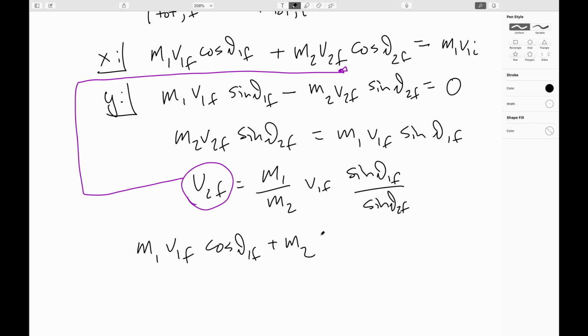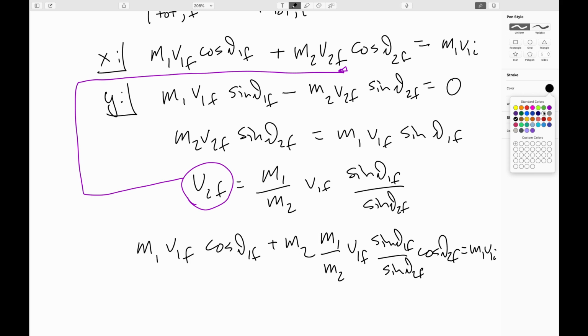So v2 final is m1 over m2 v1 final sine theta 1 final over sine theta 2 final. Now I still have this cosine theta 2 final here, equals m1 v1 initial. And this is why I was begging you to not stick numbers in right away. These m2s cancel. With those m2s canceling, now look at this. All of these m1s drop out, cancel out from each term. That saves us a lot of grief right there.